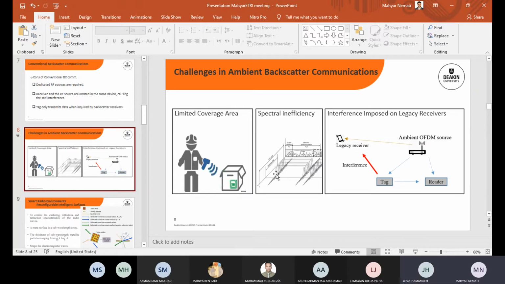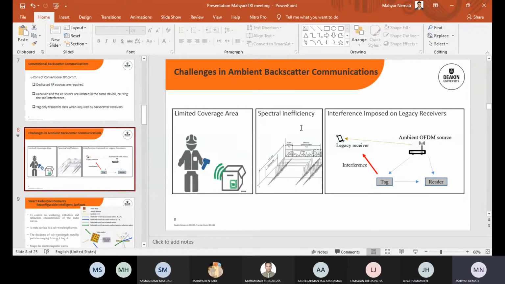But it doesn't use the whole spectrum that it receives. For example, consider that it receives one OFDM symbol. It doesn't exploit the specific structure of the OFDM in the frequency domain. It will just do some modulation in the time domain and backscatter the modulated signal. So it's not spectrally efficient.